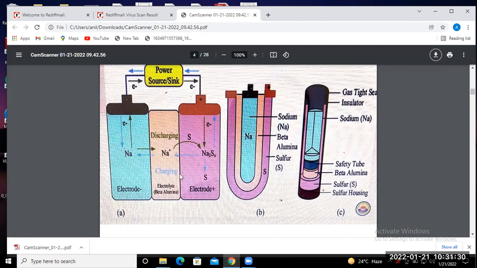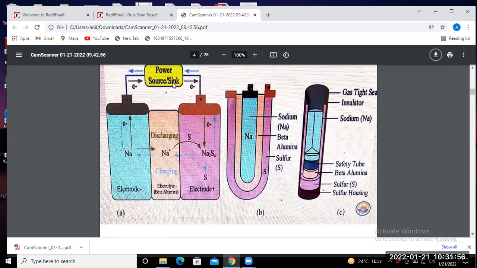Okay, between them the electrolyte used is beta alumina, and this is your flow of electrons. That means from this direction. Okay, negative to positive, and current flows opposite to the flow of electrons. That means from this side. Okay, so this is the power source.